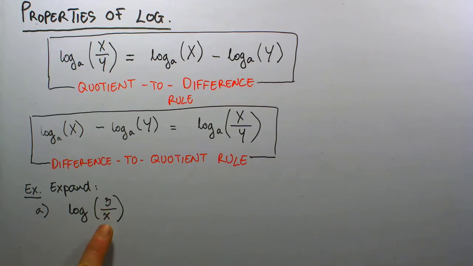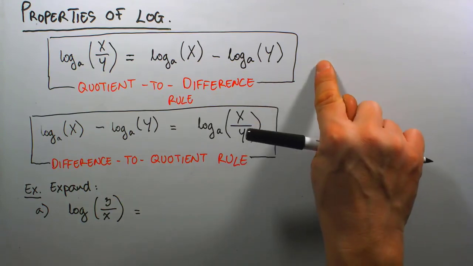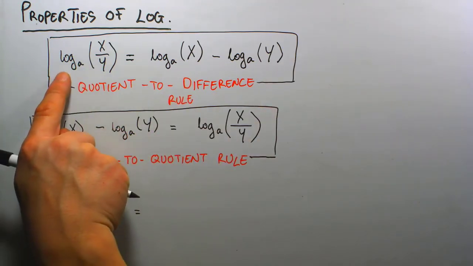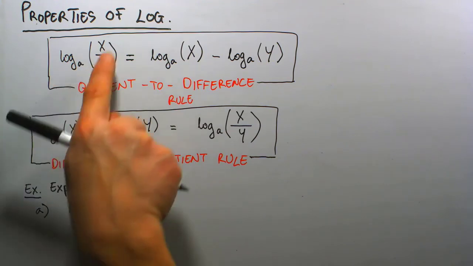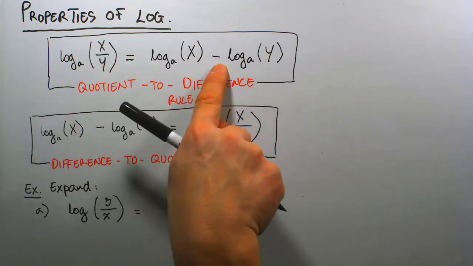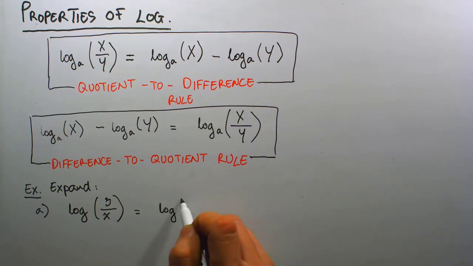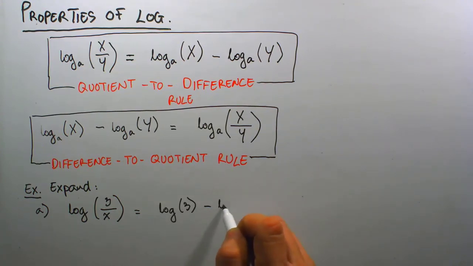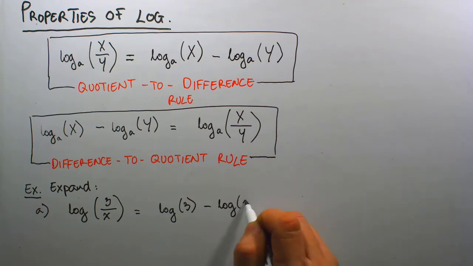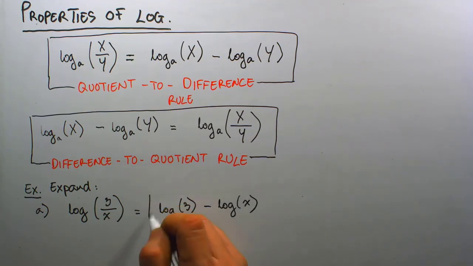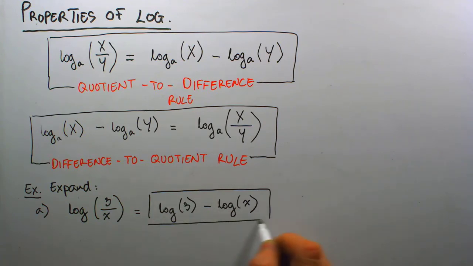The expression inside the log is 3 over x. But now what we notice here is it's a quotient. So immediately I can use the property that rewrites the logarithm of a quotient as the difference of two logarithms. So here I can expand this into log base 10 of 3 minus log base 10 of x. And as far as the work to expand the expression, we are done right here.